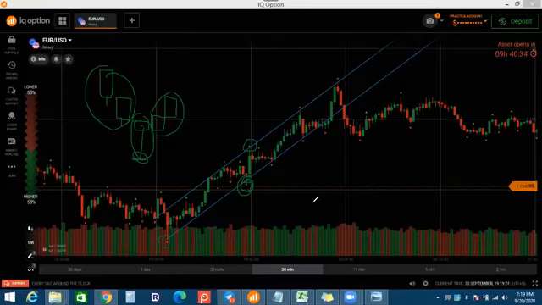That is the sense of the fractal. And with the up fractal, the price is not ready to go up more. It means that demand is not more than the supply.